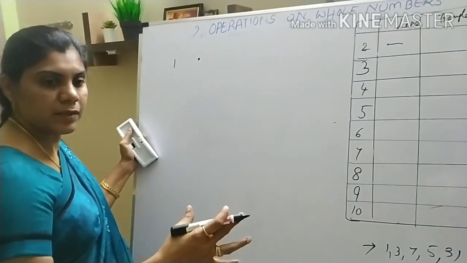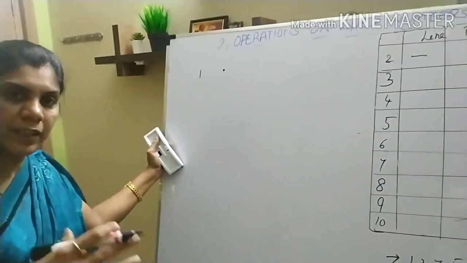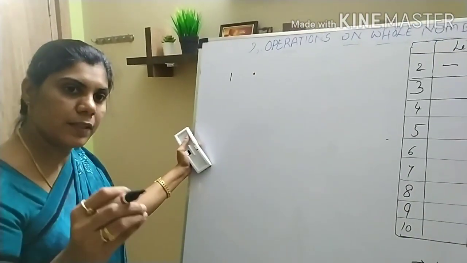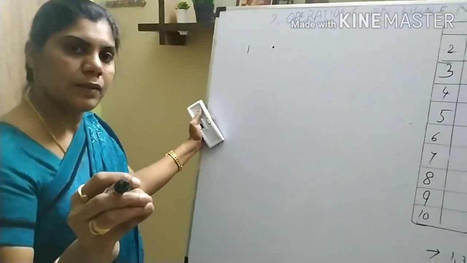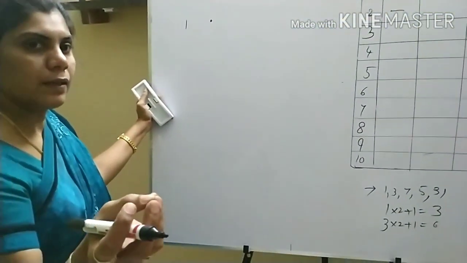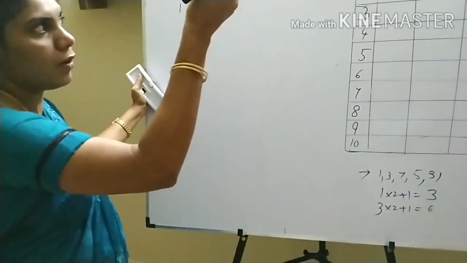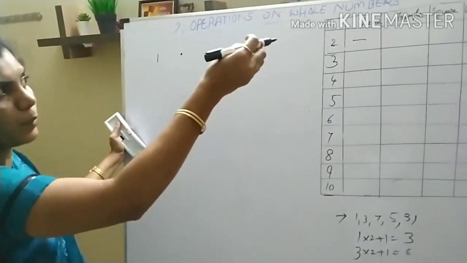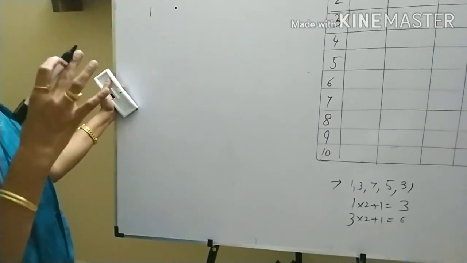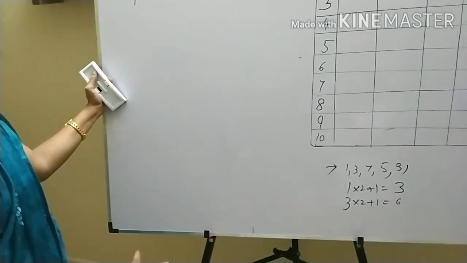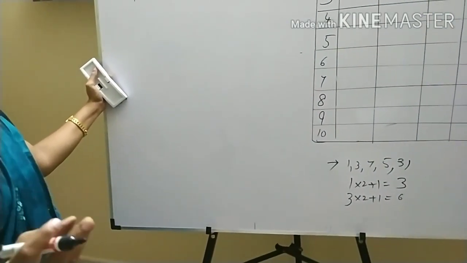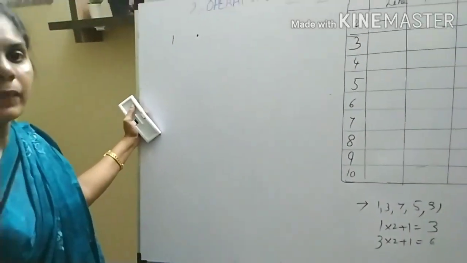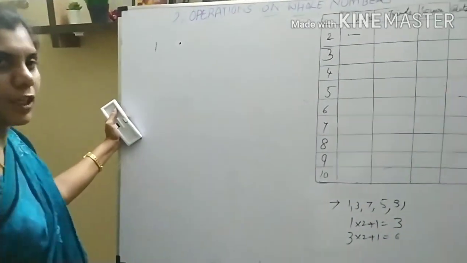So whatever the number, big number or anything, that number you can write either in line format or triangle format or square format or rectangle format only. These 4 figures only you will get. Whatever the number you take, you will get one of these shapes here.